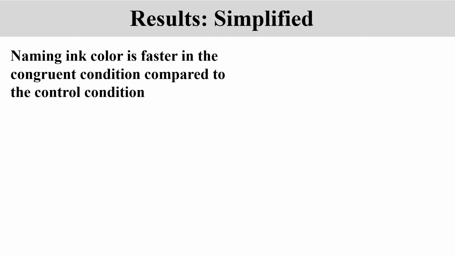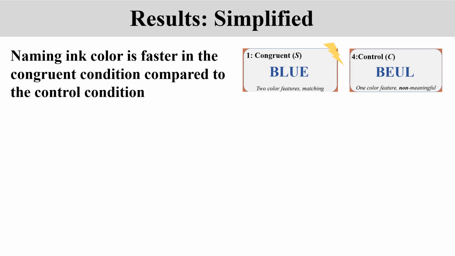All right, so their results. What they found was that naming in color is faster in the congruent condition compared to the control condition. So naming the color of the blue ink was faster when the word was blue than when the word was not meaningful, just a combination of letters.